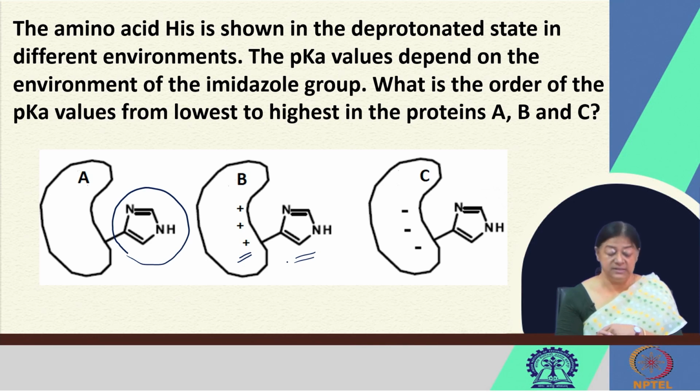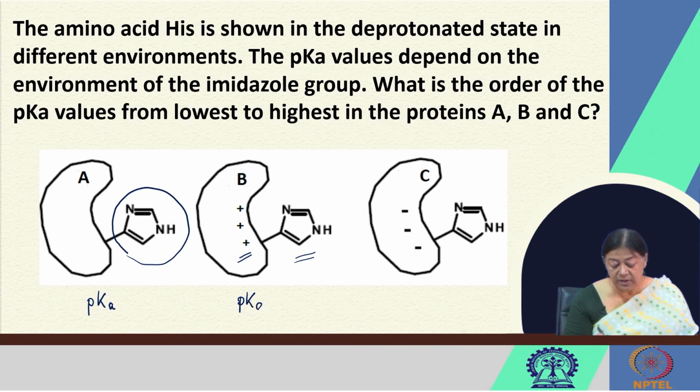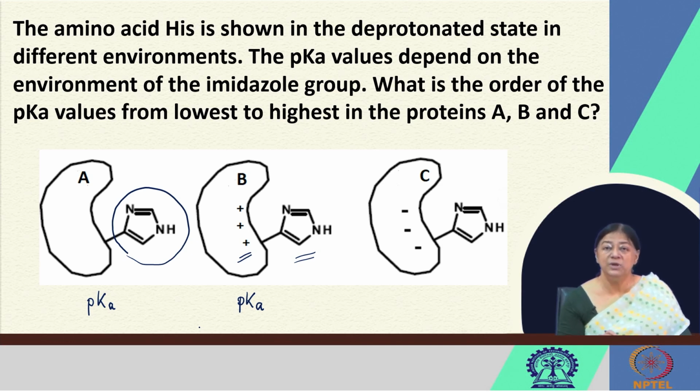If we have a normal pKa for this case, we want to know whether the pKa is going to be higher or lower. How do we know that? We know at what point the proton is going to be lost. If we look at the environment here, because of the positive environment, it is going to lose the proton at an earlier pH value. So, it lowers the pKa value.